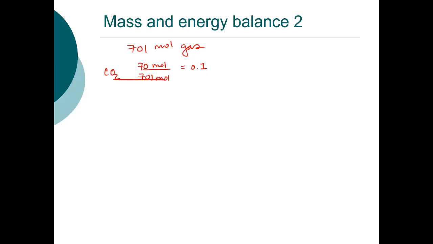So 10% of the air leaving is CO2. If we want to convert that to parts per million, take this 0.1, which is a fractional value, we're going to multiply by 10 to the 6, or 1 part per million. And that is equal to 1 times 10 to the 5 parts per million. So this is a fractional amount.